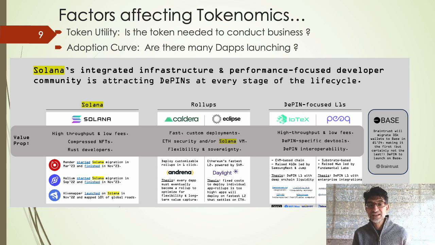Because remember, Sam Bankman-Fried had FTX, the centralized exchange, and he wanted Solana to be the decentralized exchange and blockchain. But now Solana has many use cases, NFTs, and what's very big now is DePIN, decentralized physical infrastructure. And you can see here on the left side, we've got Render, which does digital drawing and NFTs.